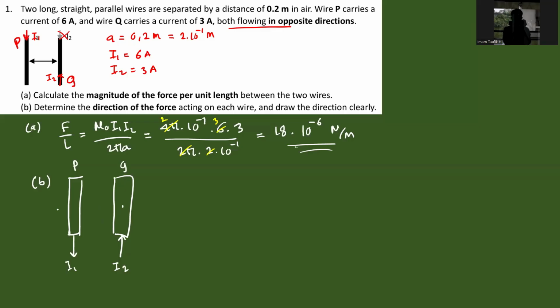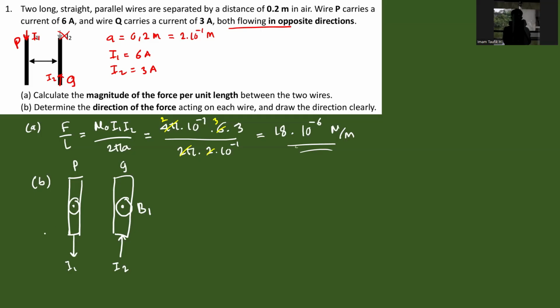Using the first right-hand rule, the direction of B, the magnetic field, will be outward. This is B1, the magnetic field induced by I1. For I2, it will also be outward.